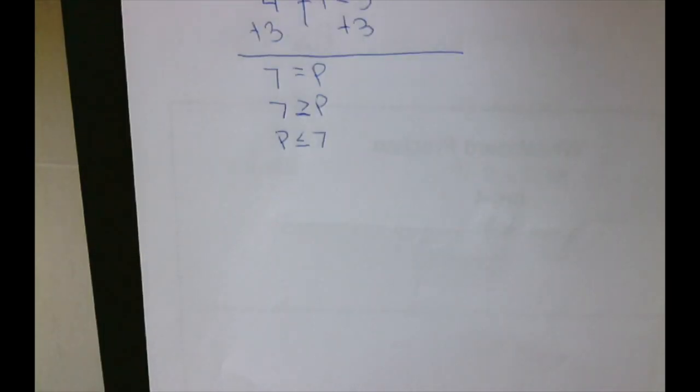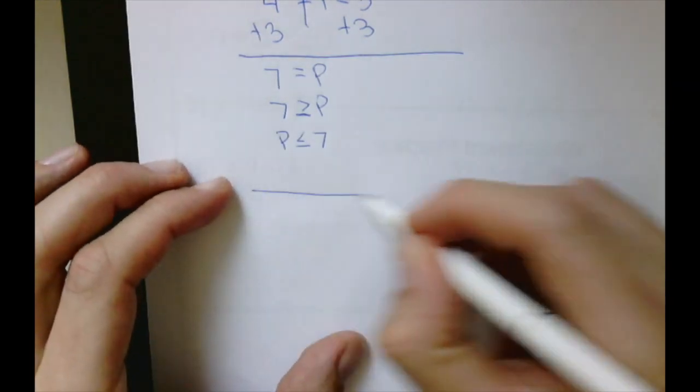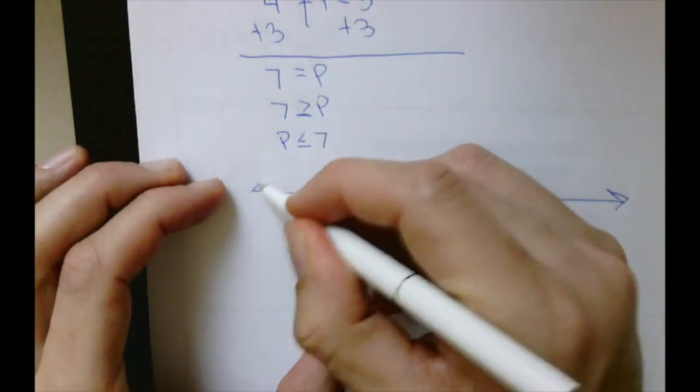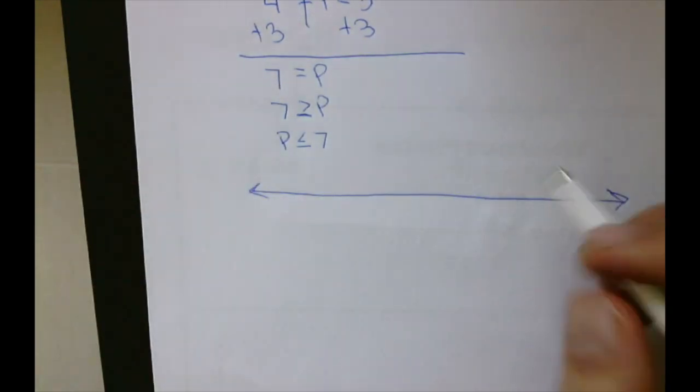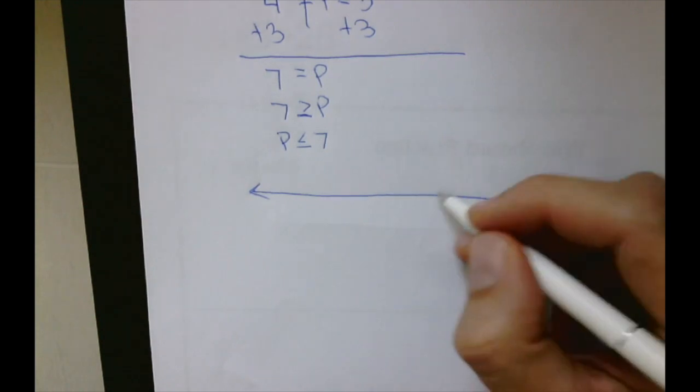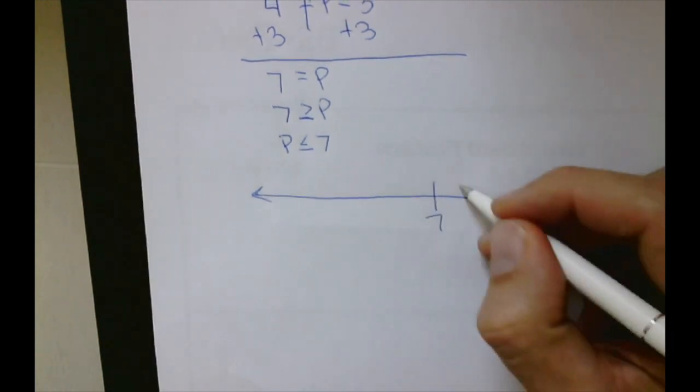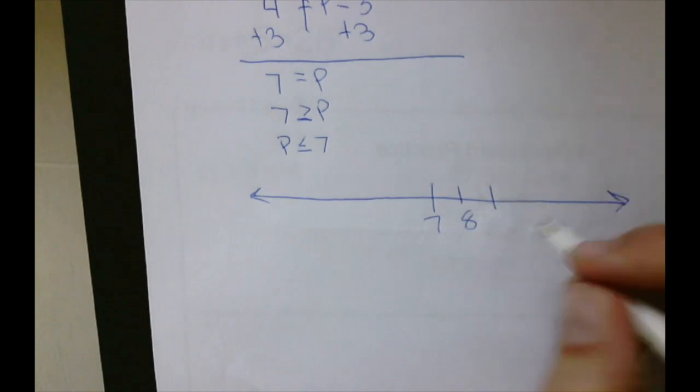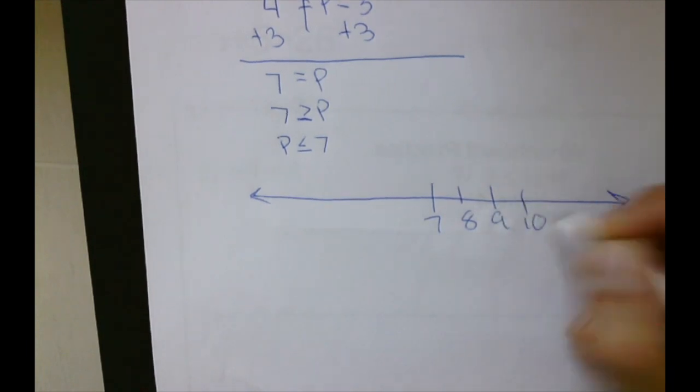Now I will draw this on a number line. Seven here. We'll go 3 bigger and 3 smaller.